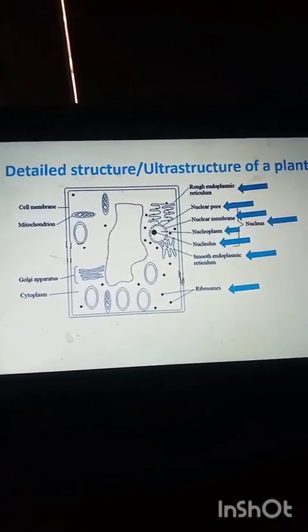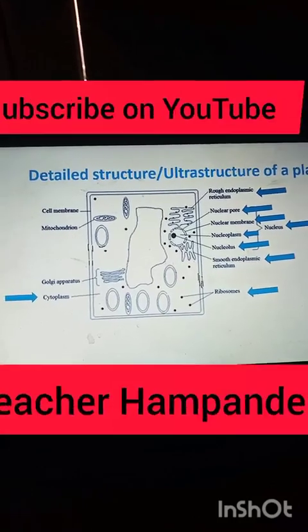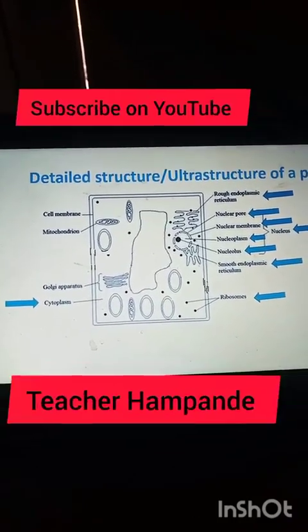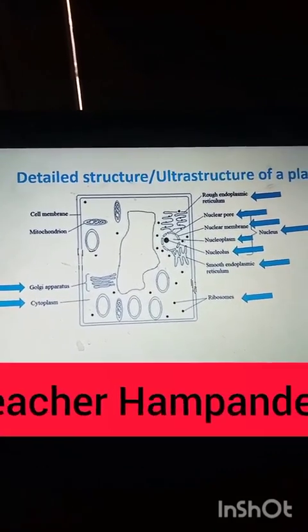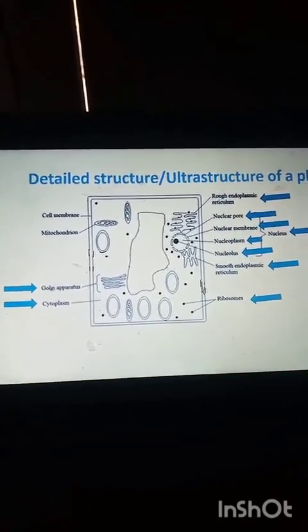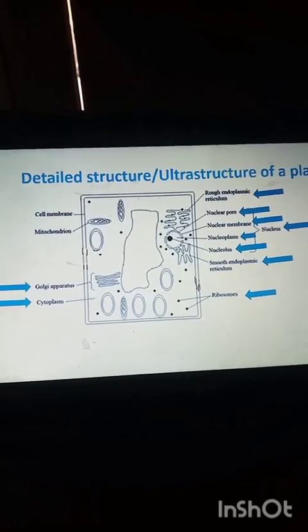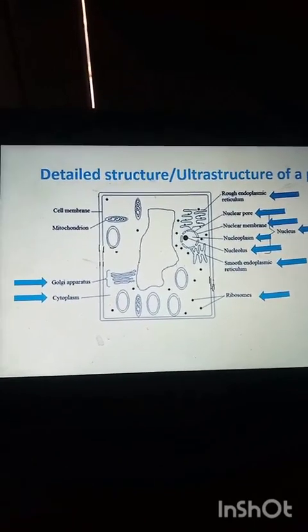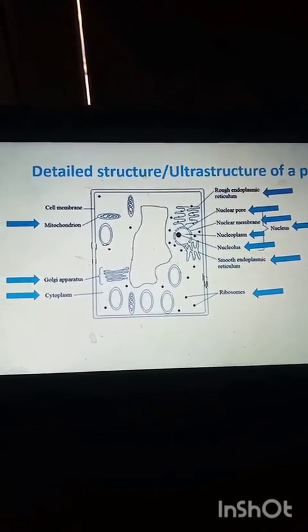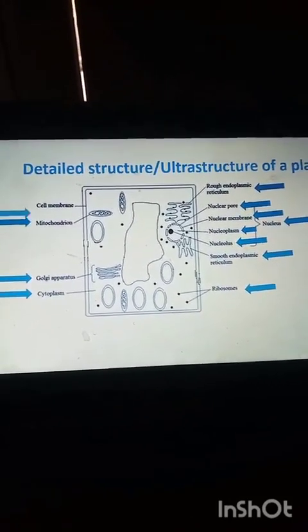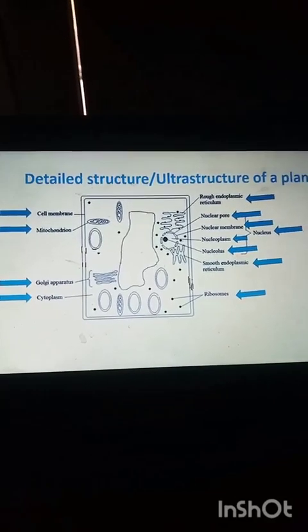Then we come to the cytoplasm, it is also there in an animal cell. Then we come to the Golgi body or Golgi apparatus, both an animal and the plant cell has that. Then we come to the mitochondrion, it has, and also the cell membrane.